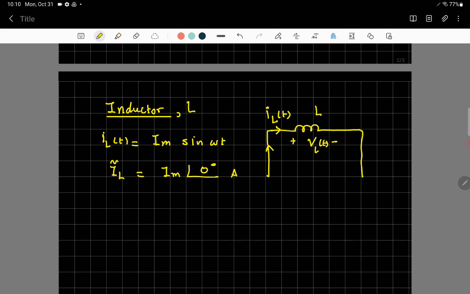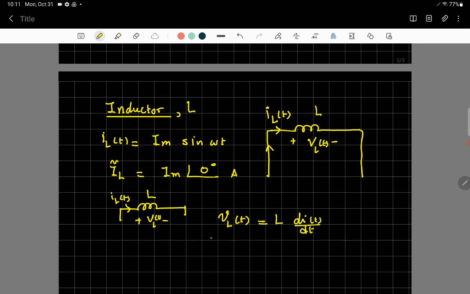What is the relation between the voltage and the current in an inductor? In EL 100, we learn that if you have an inductor and the current IL flowing in the inductor and you want to find VL, the voltage across the inductor is equal to L times di by dt.